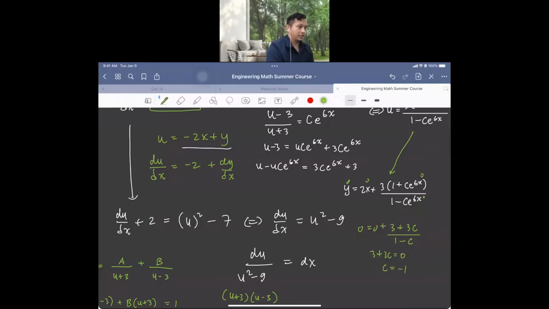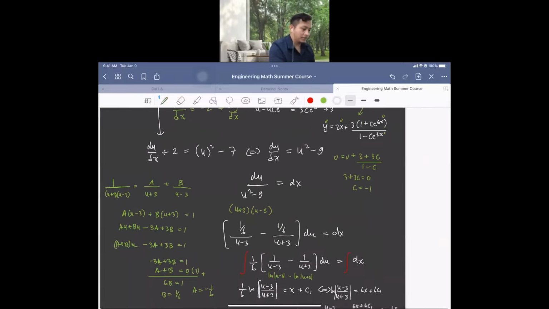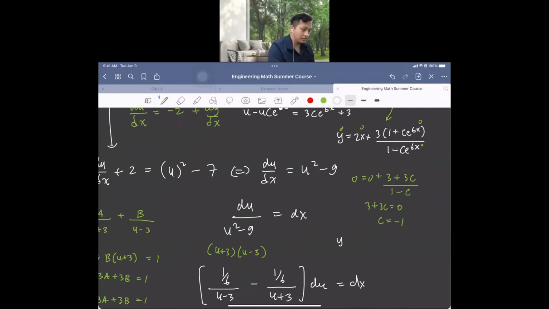So c is negative 1. So it gives the solution y equals 2x plus 3 times 1 minus e to the 6x over 1 minus e to the 6x.